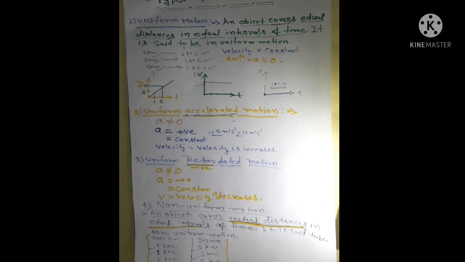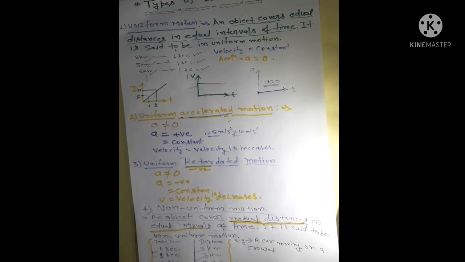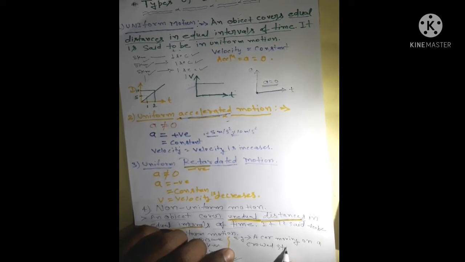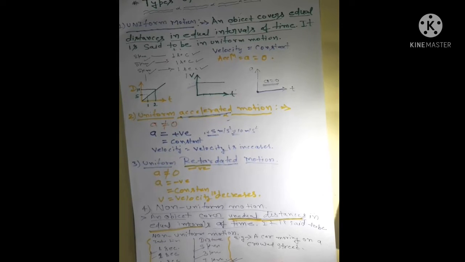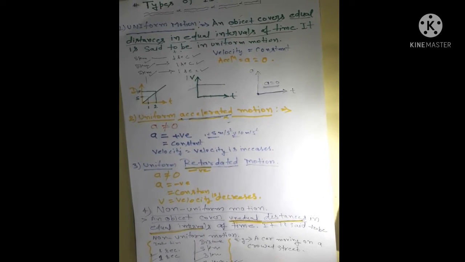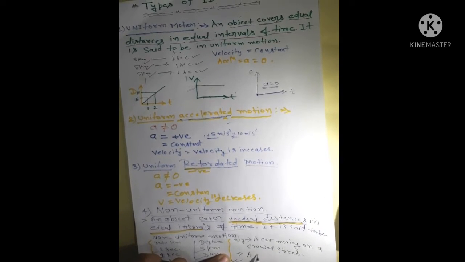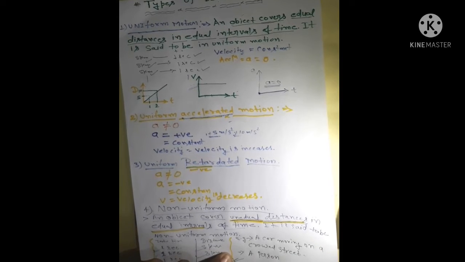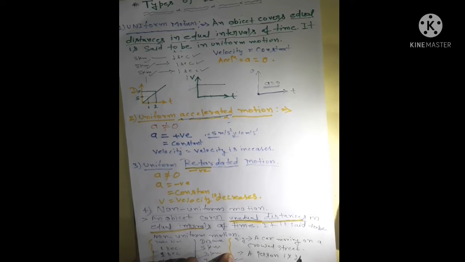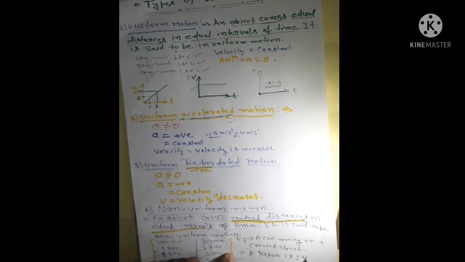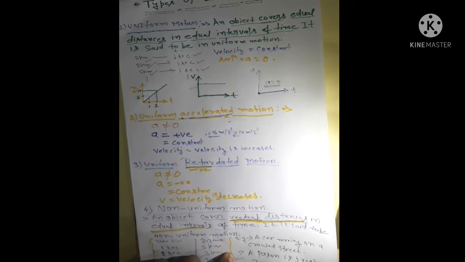Examples of non-uniform motion: first, a car moving on a crowded street. Second example, a person jogging in a park.